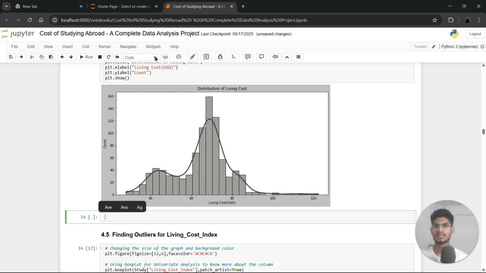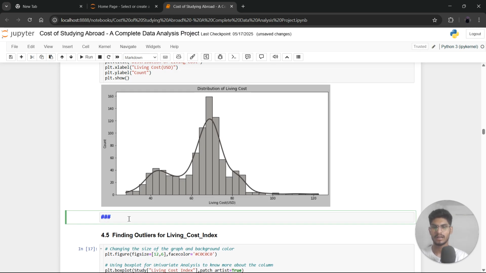We will go to markdown, we will use a comment, and we will write down average living cost index, living cost price. Living cost is 60 USD to 80 USD.